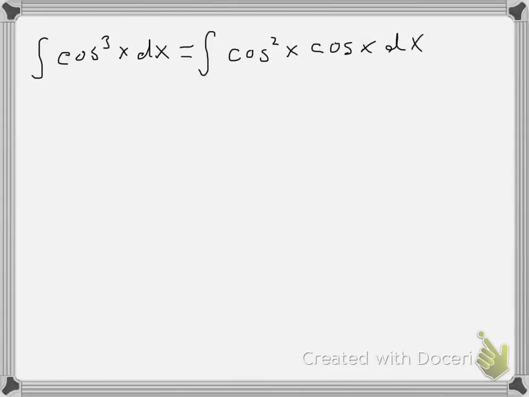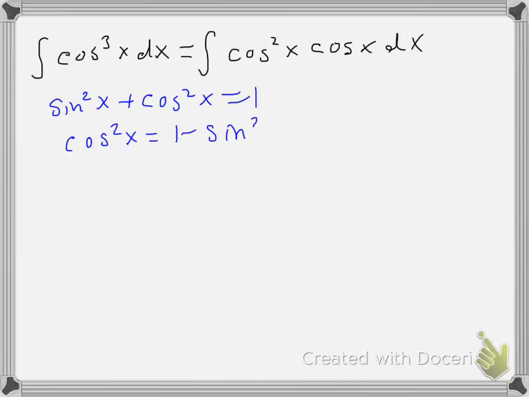And now, if we recall a property from pre-calculus, which says if we have sine squared of x plus cosine squared of x equals 1, then of course this is the exact same thing as saying cosine squared of x equals 1 minus sine squared of x, just by subtracting sine squared of x from both sides.